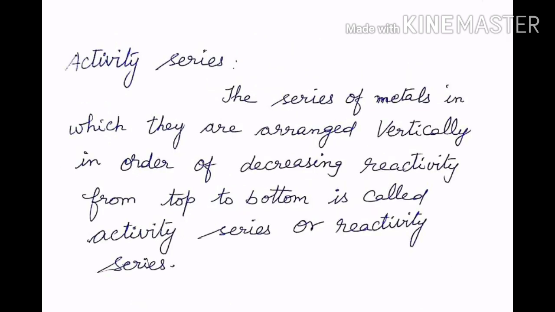Activity series is the series of metals which is helpful to know the comparative reactivities of the metals. The series of metals in which they are arranged vertically in order of decreasing reactivity from top to bottom is called activity series or reactivity series.